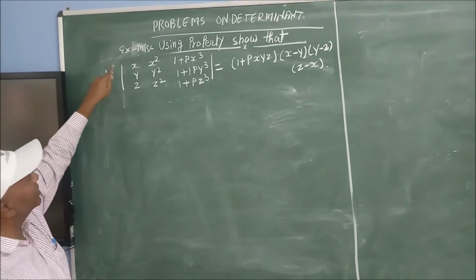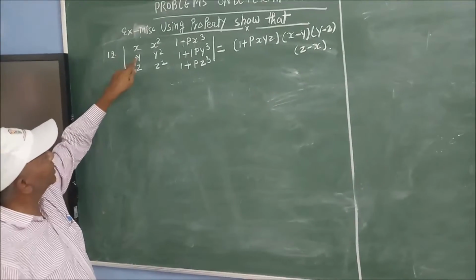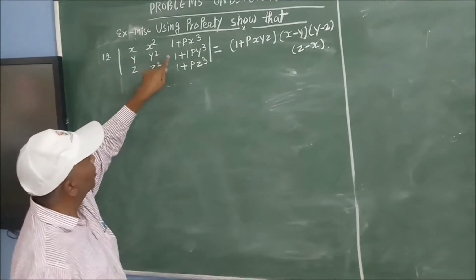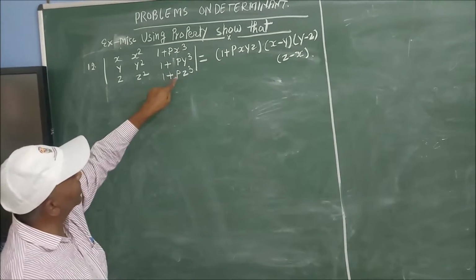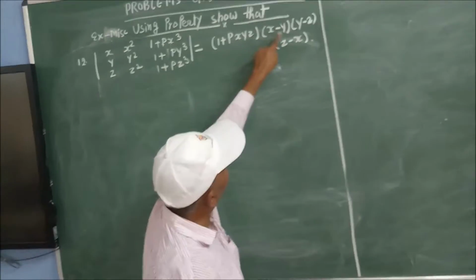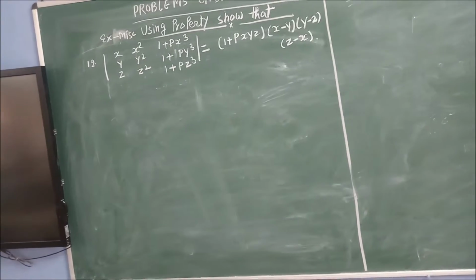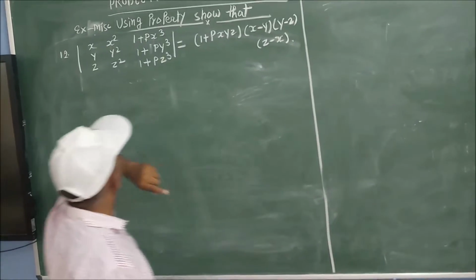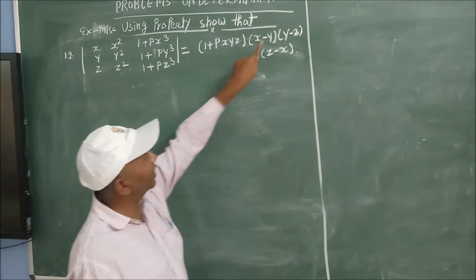Now our next question is from the miscellaneous exercise, question number 12. The question is the determinant with rows x square, 1 plus p x cube; y square, 1 plus p y cube; z square, 1 plus p z cube, which is equal to 1 plus p x y z times x minus y, y minus z and z minus x. So we have to try to see the RHS. Here x minus y is given.